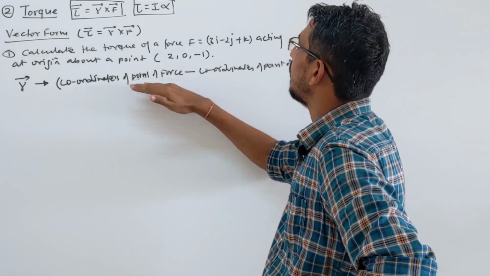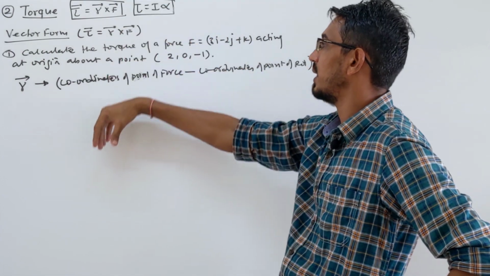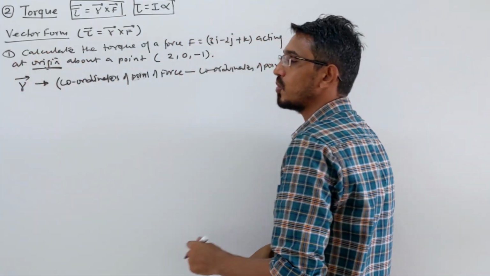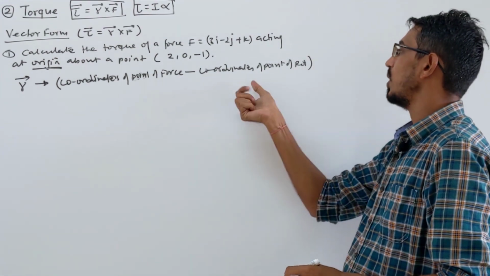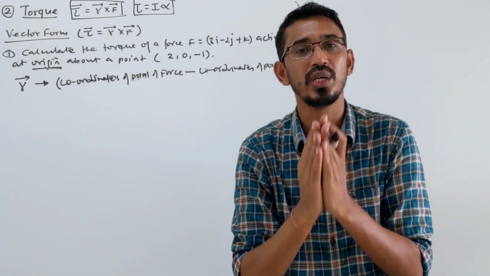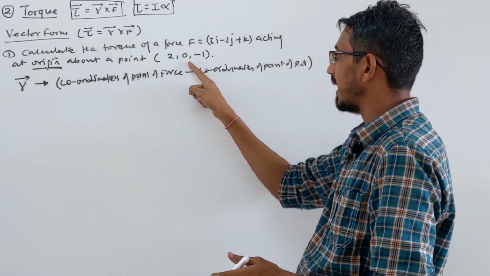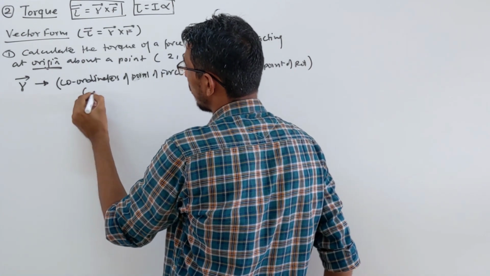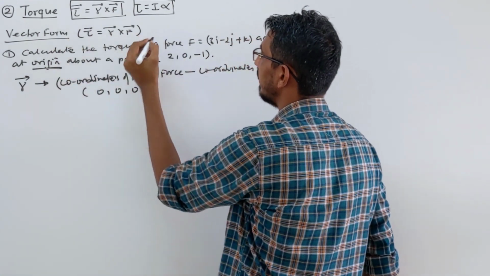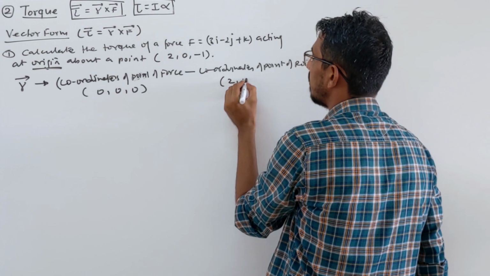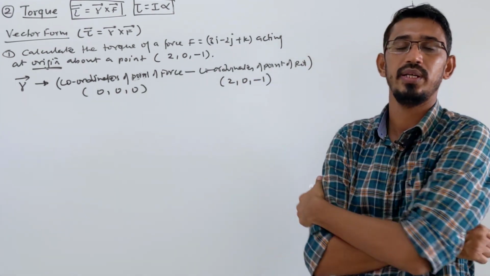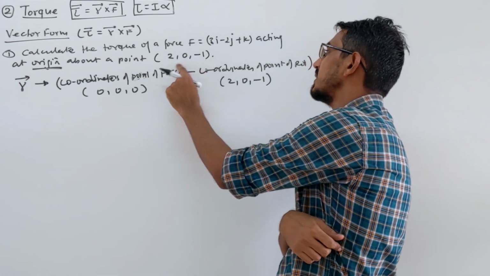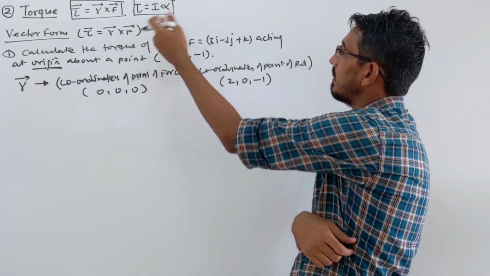So the coordinate of the point where force is acting is given: force is acting at origin, meaning 0, 0, 0, minus the coordinate of the point where the body is rotating, about which they ask the torque, which is 2, 0, minus 1. Hope you are understanding this, right? If you directly multiply, answer will become wrong.